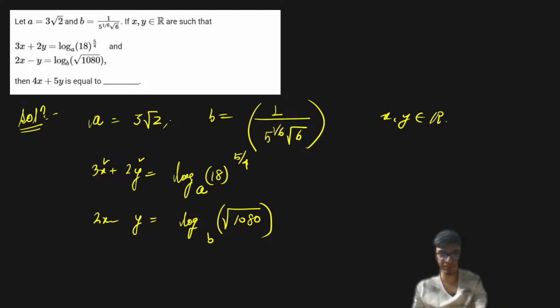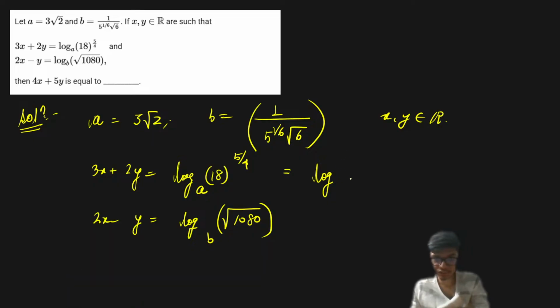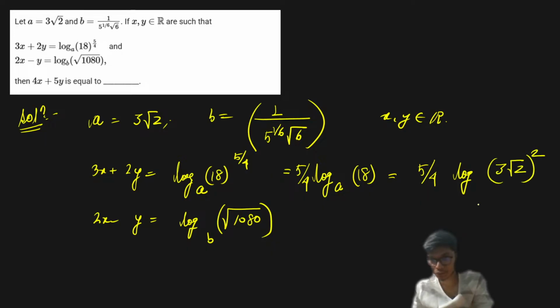So let's try to simplify this question into a format that we can work with, right? I can write the first equation, 3x plus 2y, as 5 by 4 times log 18, and 18 can be written as 3 root 2 whole square, with the base also 3 root 2.